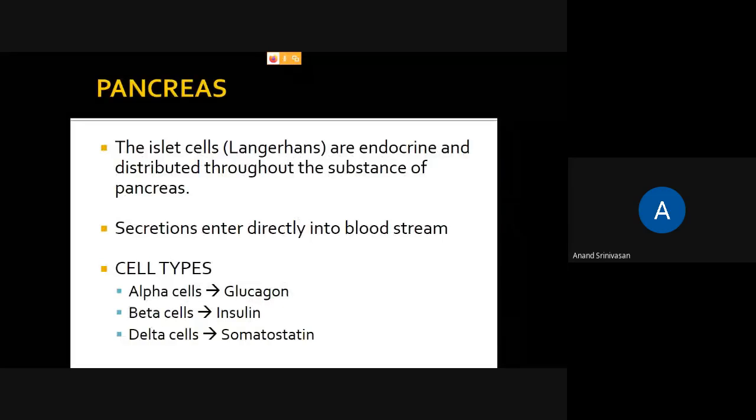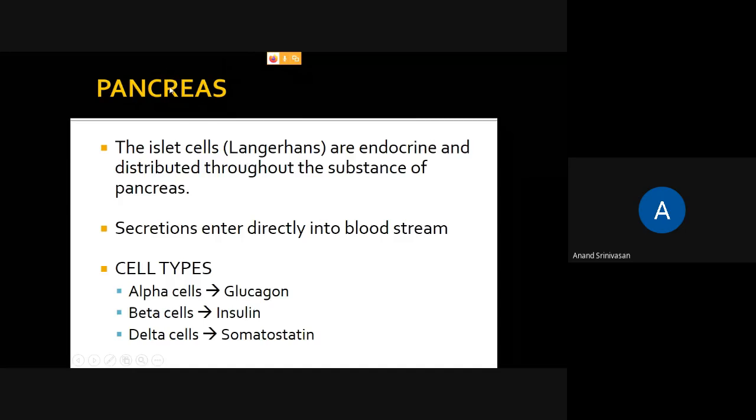Okay, the next one, the pancreas. We have seen about the pancreas in the gastrointestinal system as well. So here we will be covering the endocrine part of the pancreas. The pancreas has both exocrine and endocrine parts.